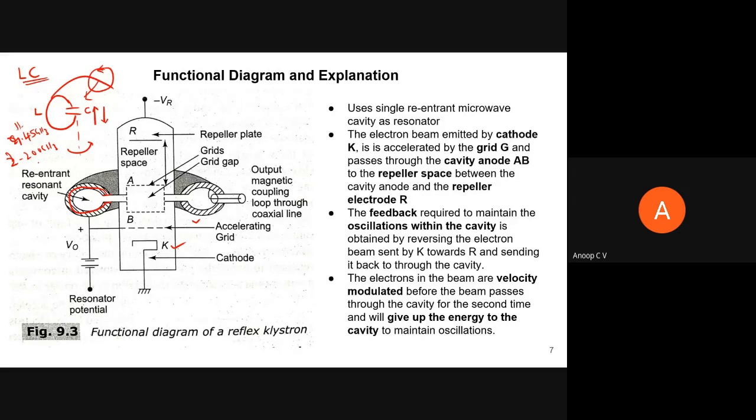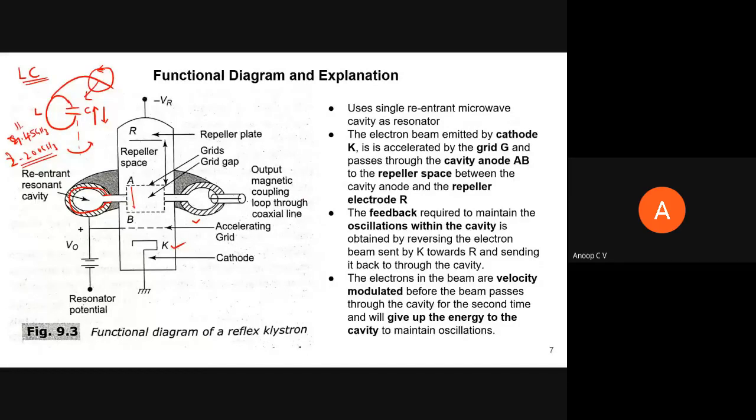So depending upon the construction, you can set the center frequency from 2 to 200 gigahertz, right? So it is a resonant cavity, and this part is called the grid gap. Grid gap. So this is our active area, this is our active region.